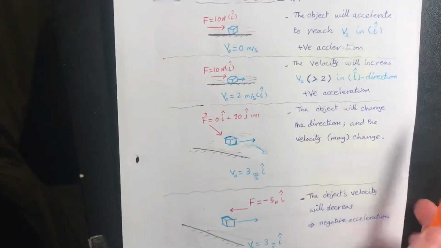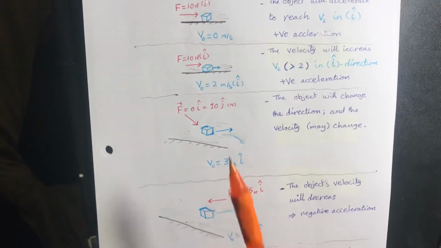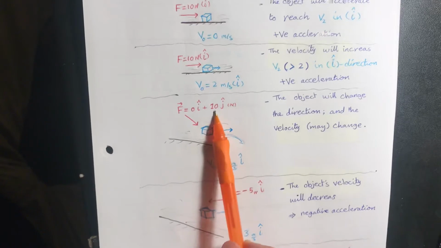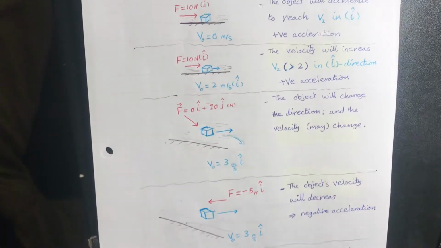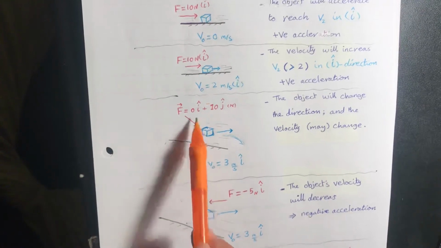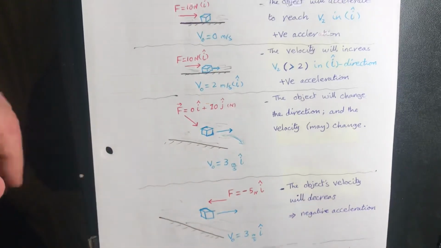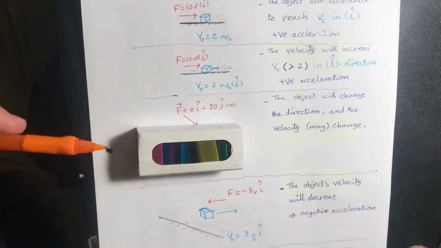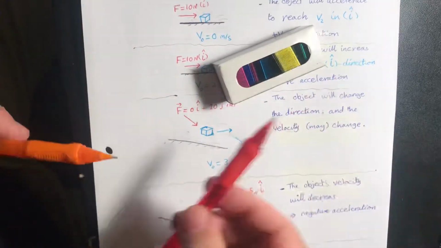Now, if we have an object moving in the positive x direction, but the applied force is all in the j direction, maybe in the negative j, and 0 in the x component, then this object moves in positive x and the force is in y, so the object will change its direction.